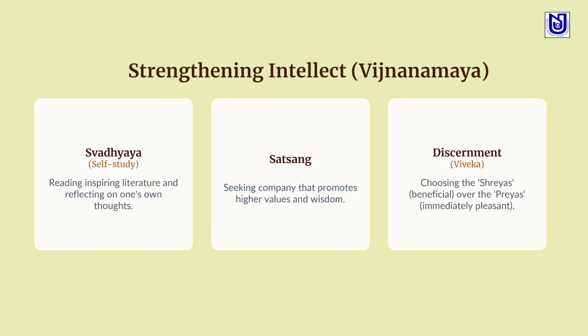Therefore, for the Vijnanamaya Kosha, the practice of Swadhyaya or self-study, the practice of satsanga or seeking the company of wise or intellectual individuals, and the practice of discernment, that is Viveka, choosing the Shreyas over the Preyas, helps us balance the intellect.